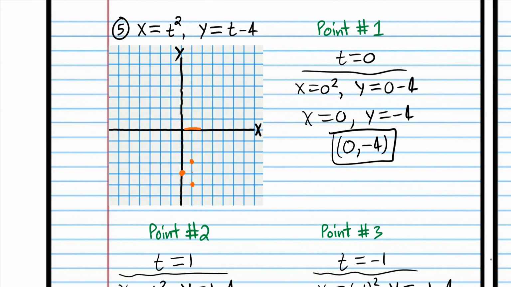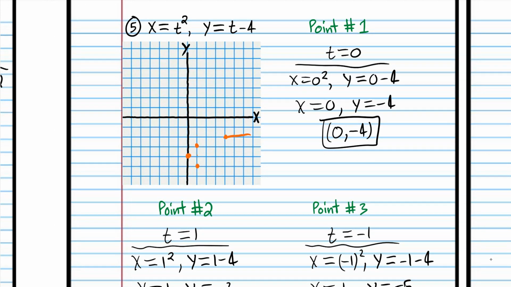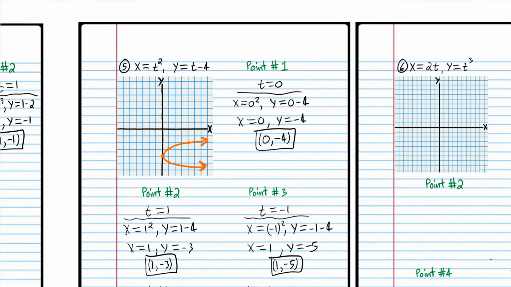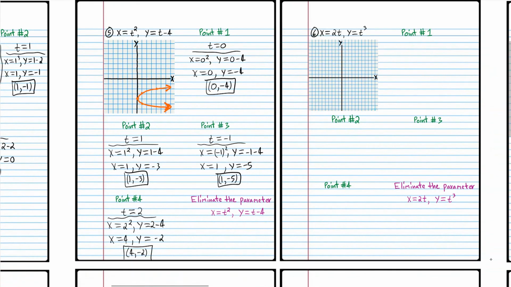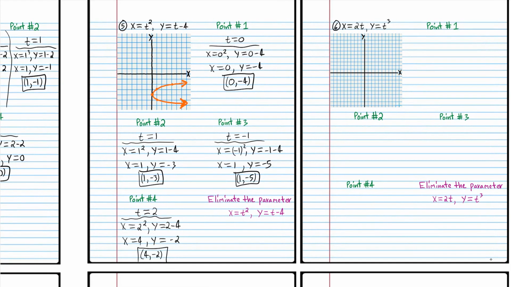Let's plot that. And you can see that this is just going to be a parabola opening to the right, is how we would say that. So we have our 4 points. Now let's eliminate the parameter.